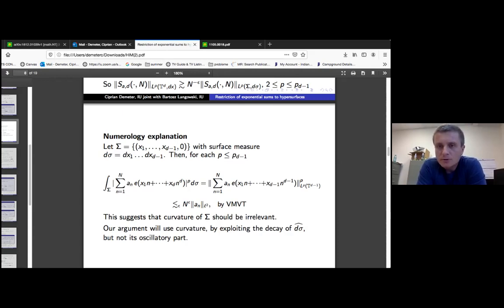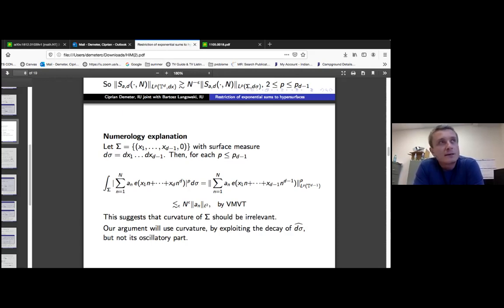So you see what happened, right? The d sigma became a Lebesgue measure, and since we have the Vinogradov mean value theorem, we can estimate that second term by the L2 norm precisely when p is less than pd minus 1. Pd minus 1 is the Vinogradov exponent for the d-dimensional moment curve, so we are in business.